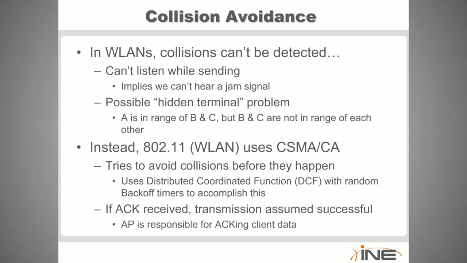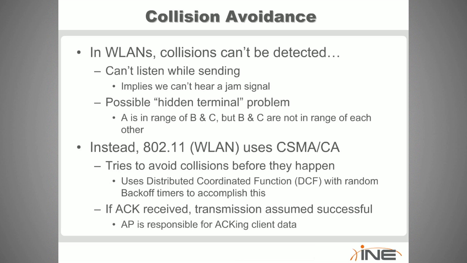Now, Wi-Fi, or wireless LANs, or 802.11, doesn't have this luxury, because the air itself, the radio frequencies, the wireless media, is shared between whoever can transmit a wireless signal. There's no physical cabling that can separate the send channel from the receive channel for the devices that want to send.